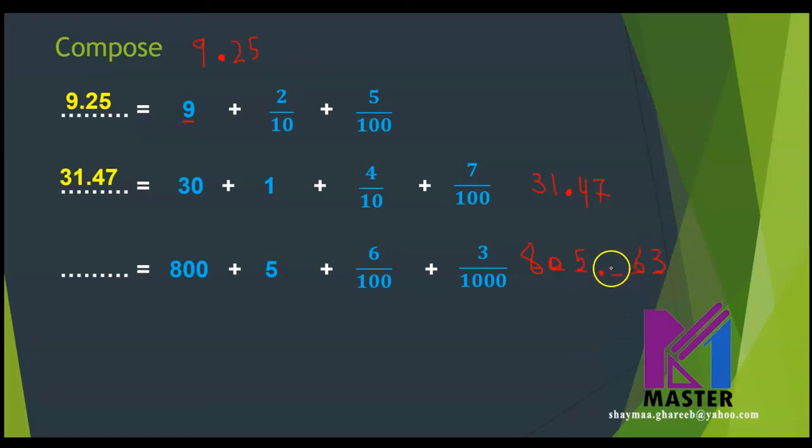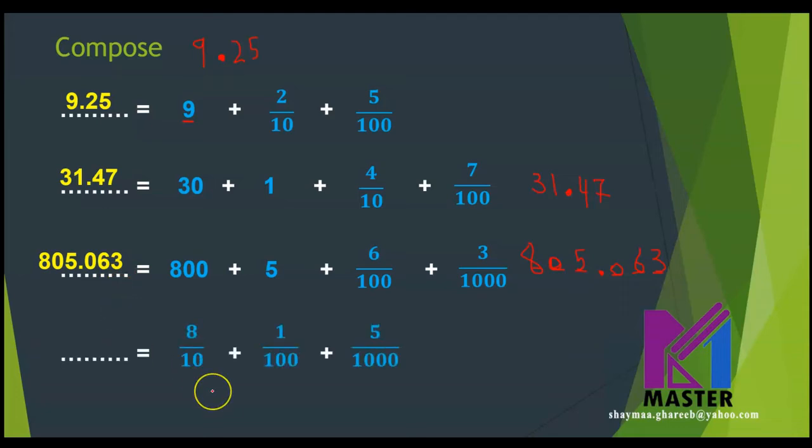What about this tenths place? What should I do? As I said, if I miss any of the places, I have to put 0 as a placeholder. So my number will be 805.063 or 805 and 63 thousandths. Is this clear?